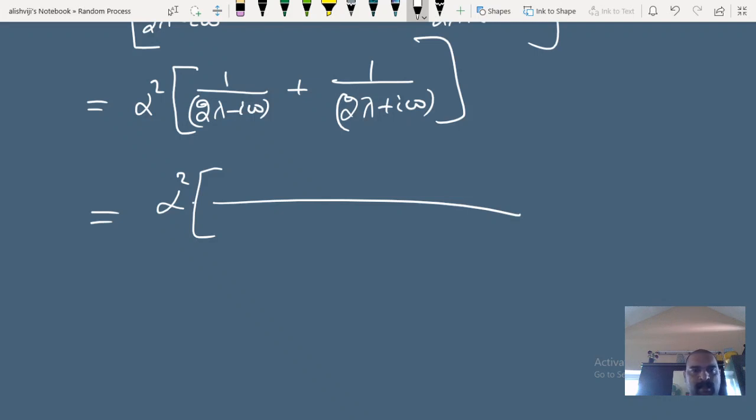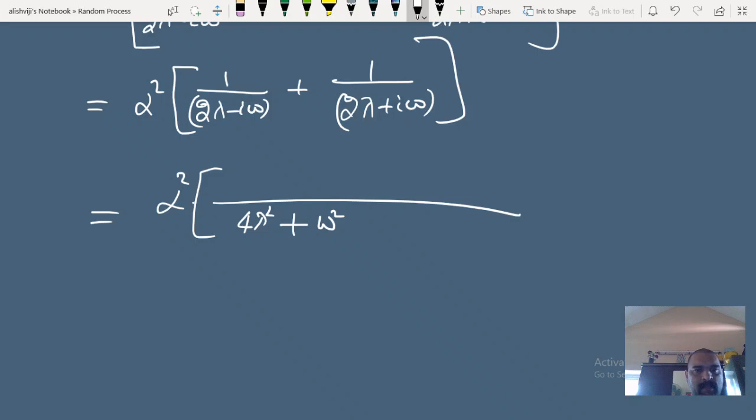A plus b into a minus b is a square minus b square. So here it is 2 lambda square, that is 4 lambda square, minus b square, that is I omega the whole square. So it is I square is minus 1 omega square.